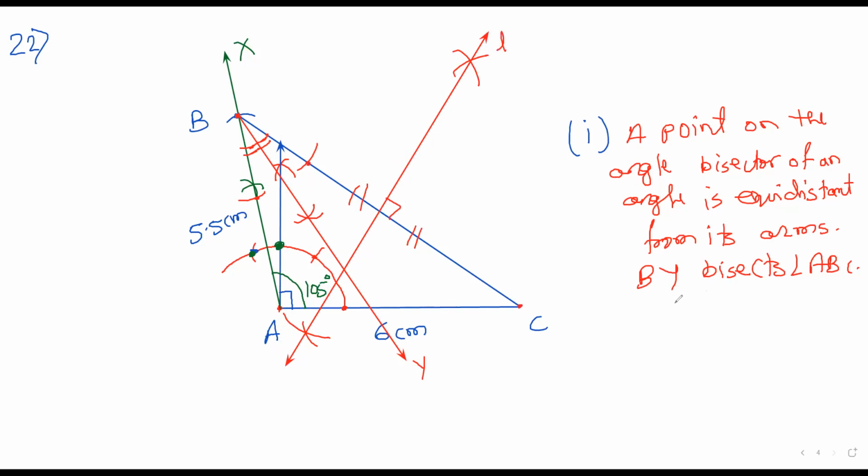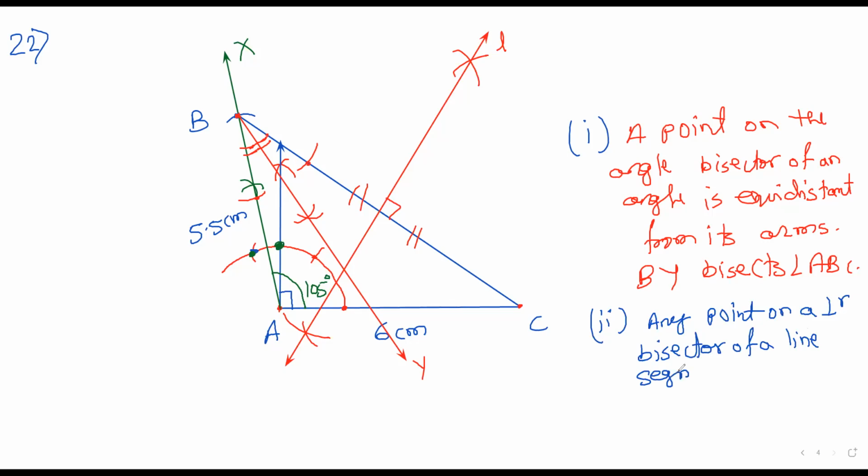So let's call it line L. So for the second one, any point on a perpendicular bisector of a line segment is equidistant from its endpoints.